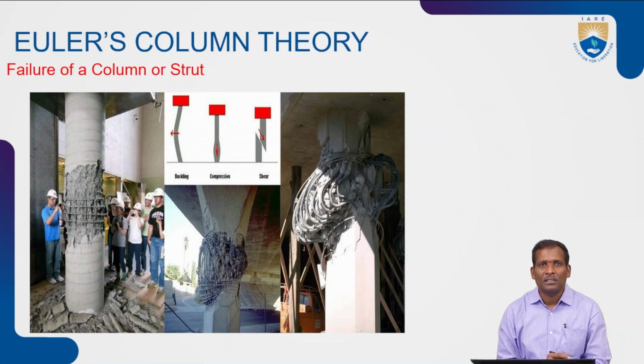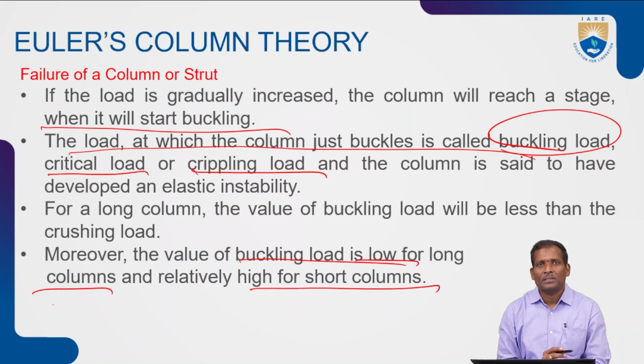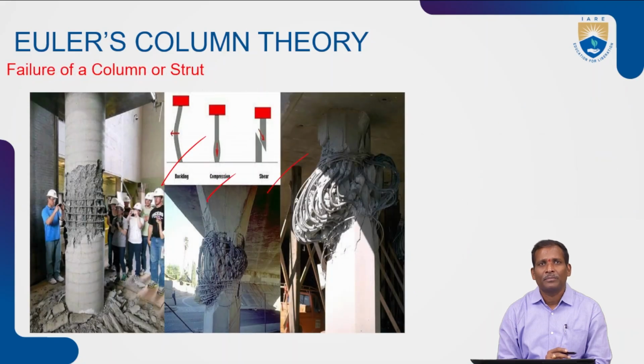Here you can see the failure of a column or strut: buckling due to compression and shear. For a long column, the value of buckling load will be less than the crushing load. The buckling load is low for long columns and high for short columns. This is very important.